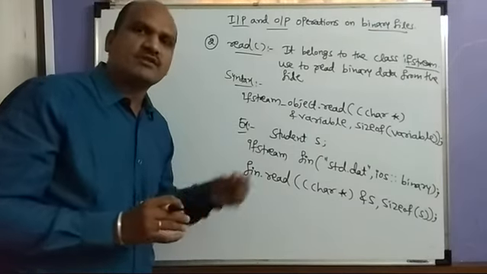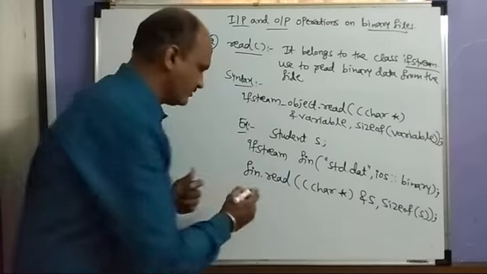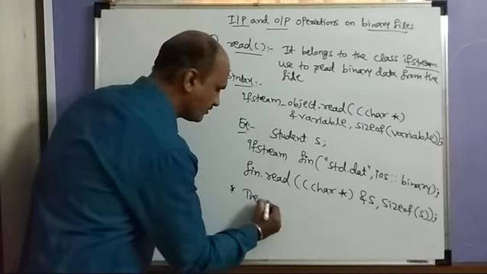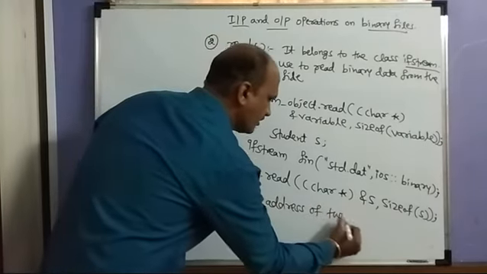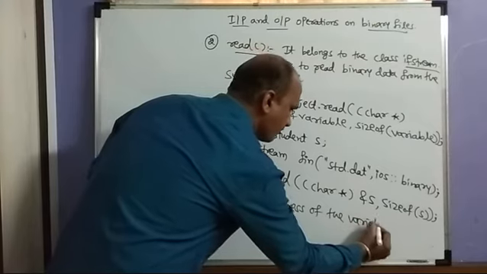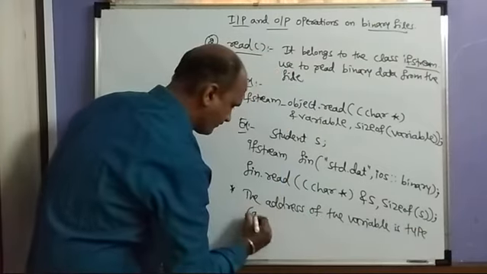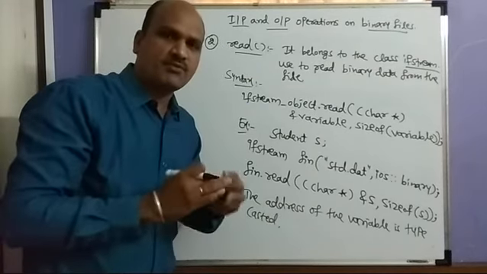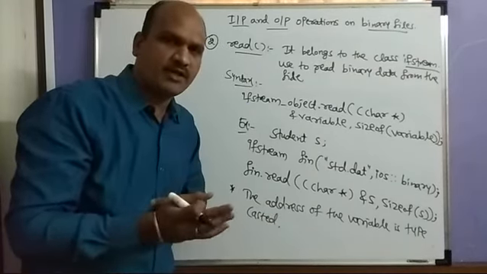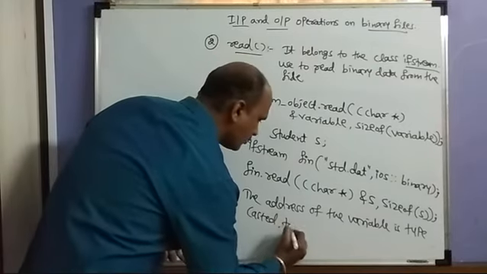As I told you, the address of the variable is type casted to the pointer, as we are using the character type.